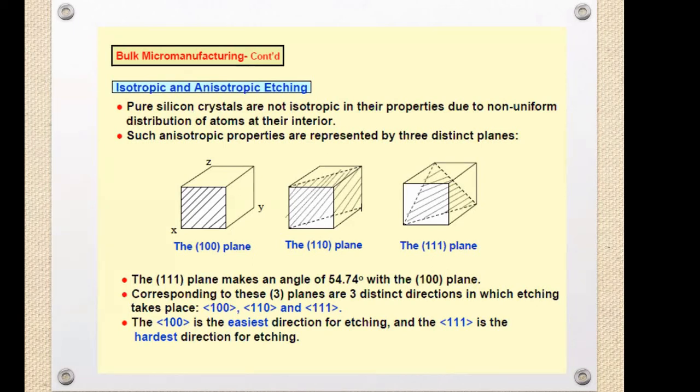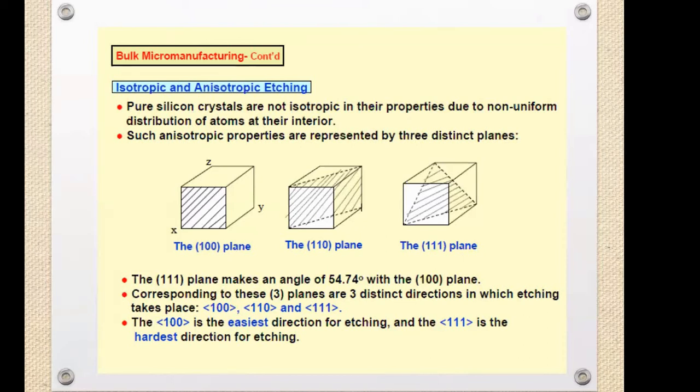The 111 orientation plane is the least used orientation in micro machining because it is the toughest plane to treat. Let us take the same silicon substrate, and that silicon substrate has three different planes, and we will expose that substrate to the etchant, and we will get a different shape.